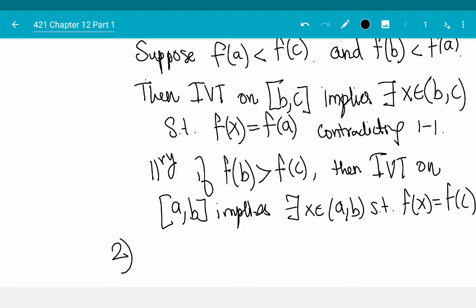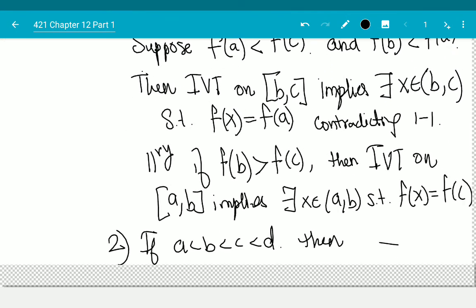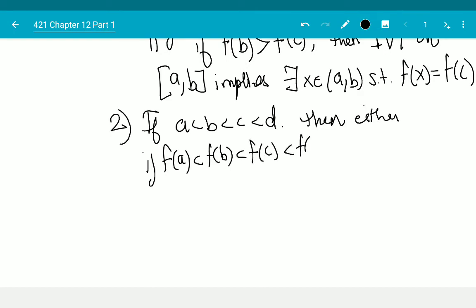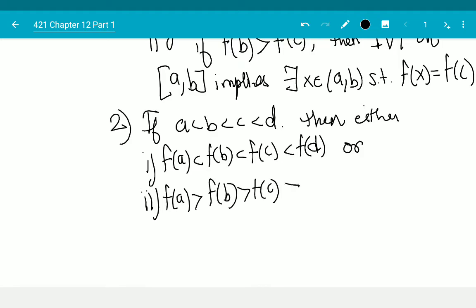Part 2. If instead of 3 points, I take A is smaller than B is smaller than C is smaller than D, then first, either 1, f of A is smaller than f of B is smaller than f of C is smaller than f of D, or 2, f of A is greater than f of B is greater than f of C greater than f of D. Okay?